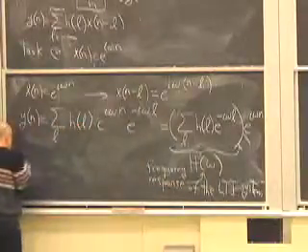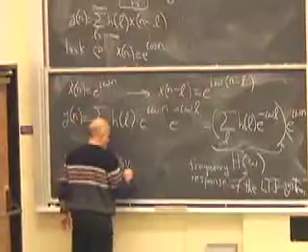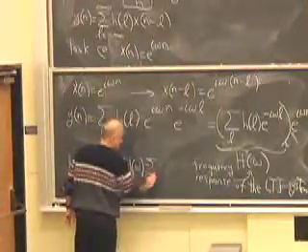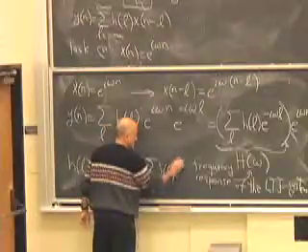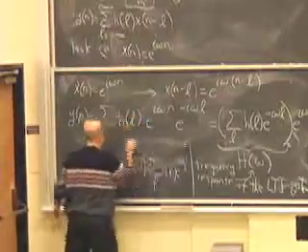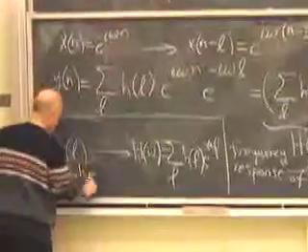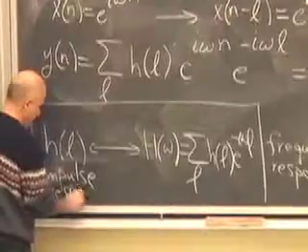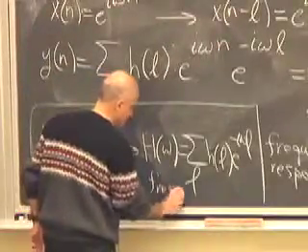There's a relationship between the impulse response and the frequency response, and that relationship is given by this, the summation over all L, h of L, e to the minus I omega L. Impulse response and this is frequency response.